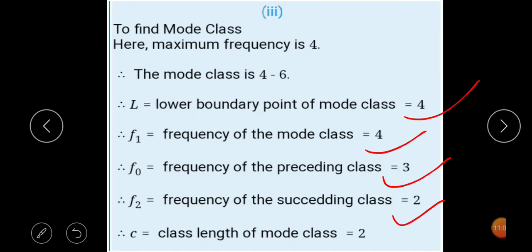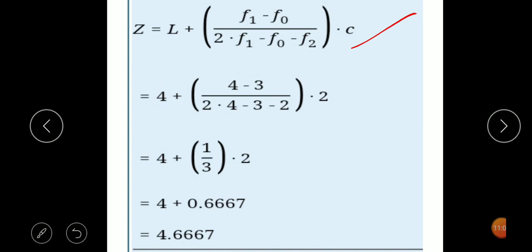So now see the values, class size is 2, and now these values are required to put in the formula. The formula is L plus (f1 minus f0) divided by (2f1 minus f0 minus f2) multiplied by the class size. So when we put the values, we get 4 plus, in the bracket (4 minus 3) divided by (2 into 4 minus 3 minus 2), and whole bracket multiplied by 2.